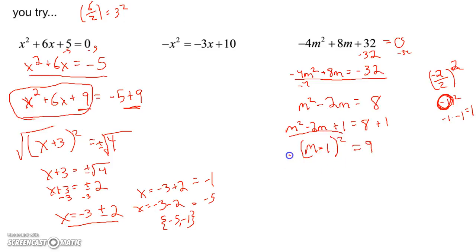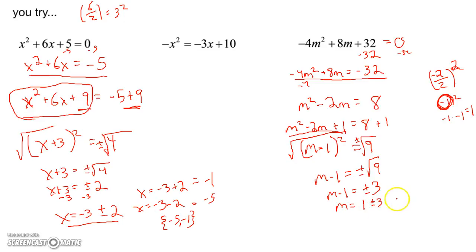Again, last steps now. This should hopefully be the easy part. Now we're taking the square root of both sides. That will be a plus or minus square root of 9. M minus 1 equals plus or minus square root of 9. M minus 1 equals plus or minus 3. M equals 1 plus or minus 3.